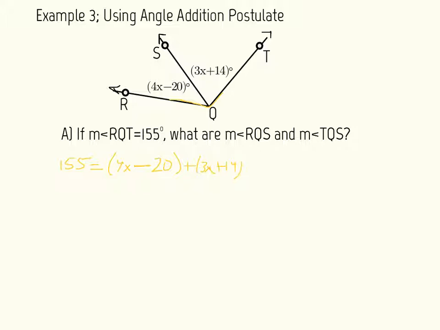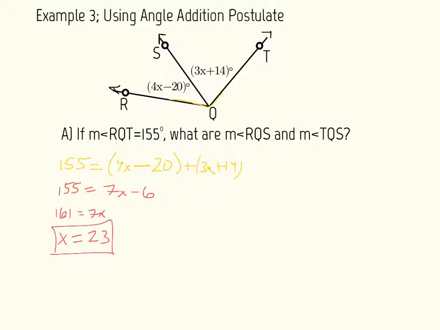Then I'm just going to solve that by putting like terms together. 155 equals 7x minus 6. Add the 6 over, and I get 161 equals 7x, and x equals 23 when you divide.